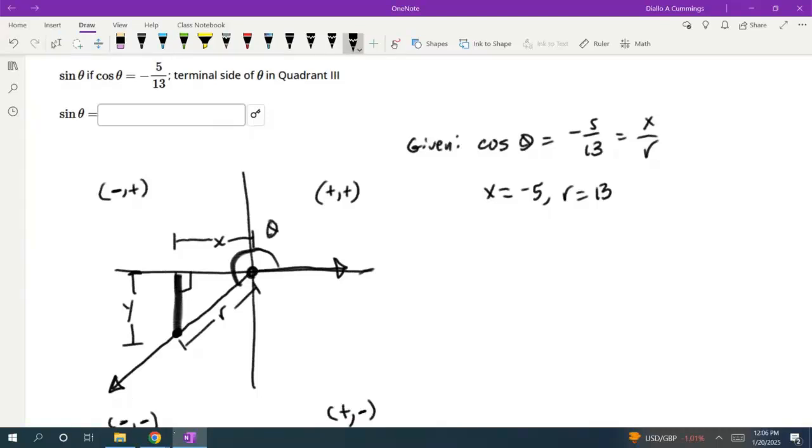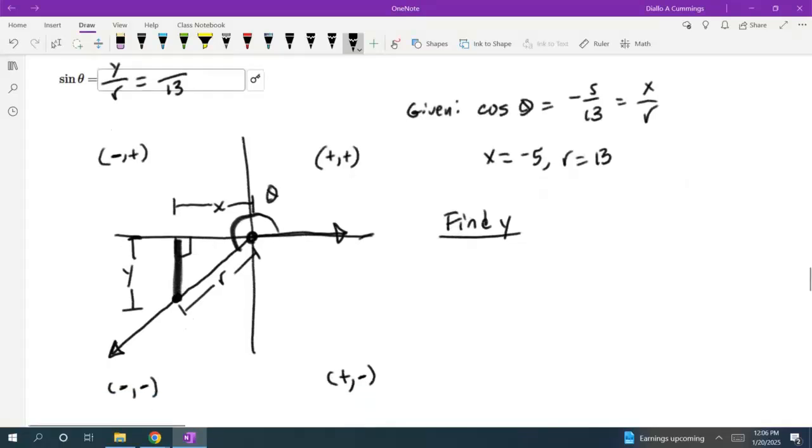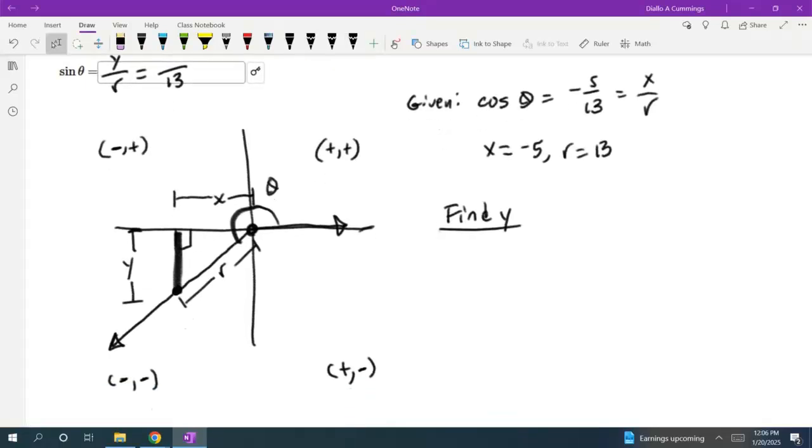If I'm asked to find the sine, that's what we're actually asked to find, I need to know the y value and the r value, right? Because the sine of some angle is y over r. Well, we're given r. R is 13, but we're not given y. But we can find y by using the Pythagorean formulas. So y is going to equal the square root of r squared minus x squared.